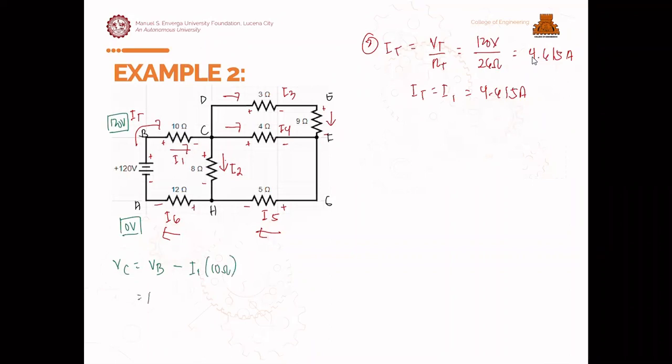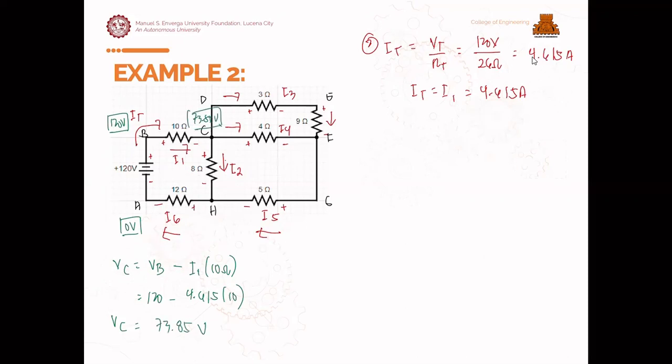Substitute: 120 minus 4.1615 times 10. Our VC will be equal to 73.85 volts. Okay? So that is the value of C.